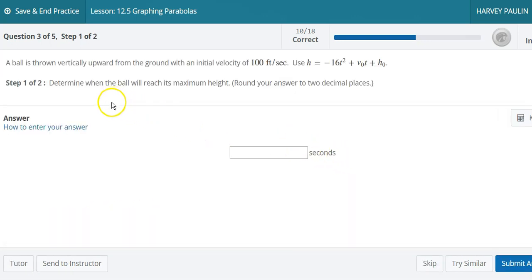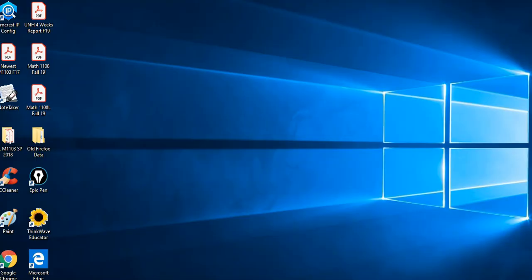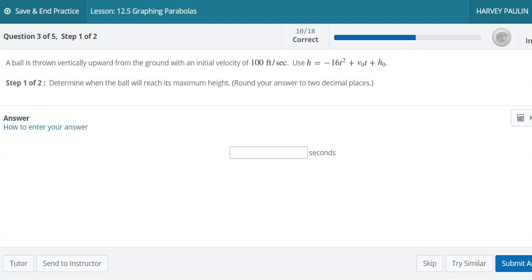Okay, here's something a little different. Now again, we worked with this formula before, but let's just look at it a little bit here. Got a nice blue screen there for a moment. And what do we note about it? Well, as we look at this formula, we see that our A term here is negative.